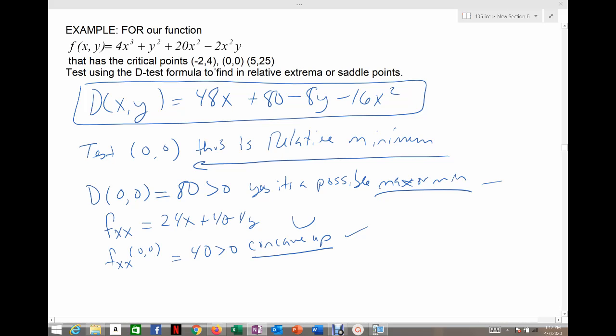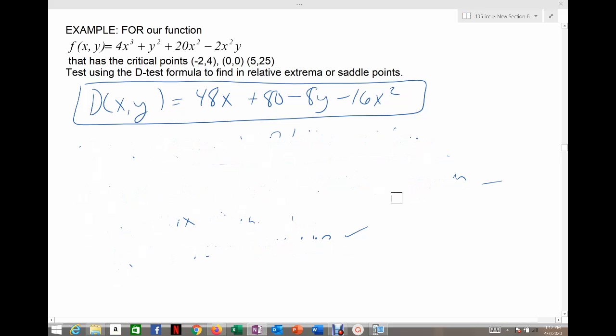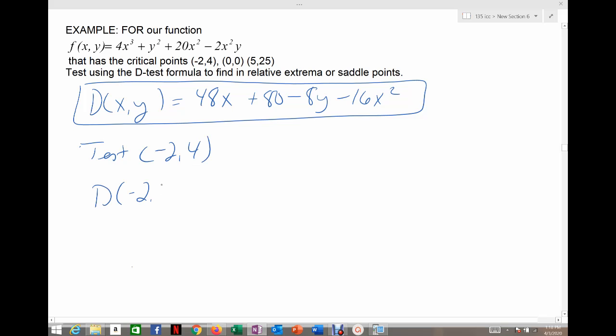Negative 2, 4 will be the next one I test. I'm going to erase this so I have room to test it and look at my formula. So give me a second while I erase it. So (-2, 4) is the next one. I plug it into my D formula and see what comes out.